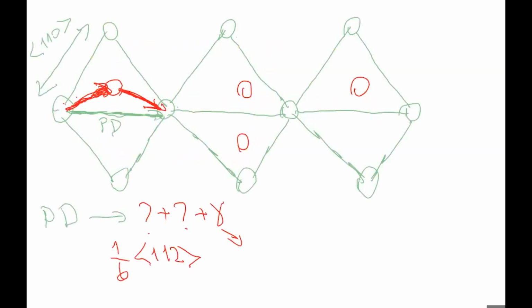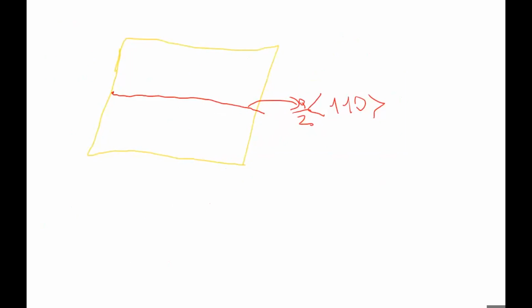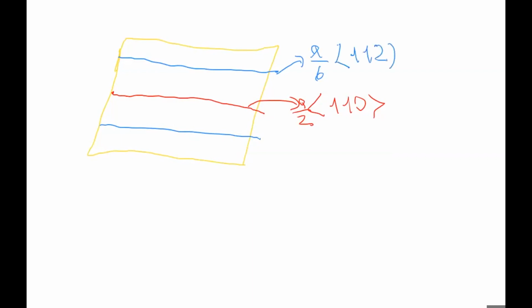So they will decompose into Shockley partials. We will come up with 2 Shockley partials with a/6 112. And in between these Shockley partials, we will have some stacking fault.